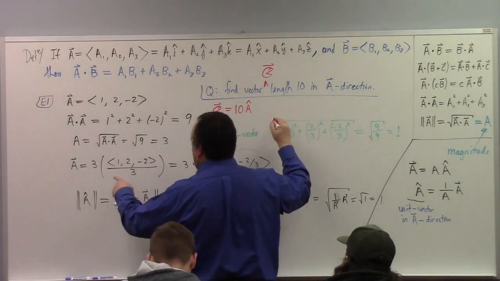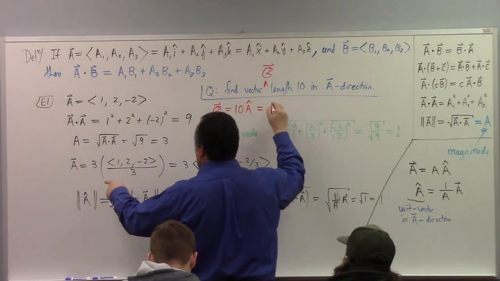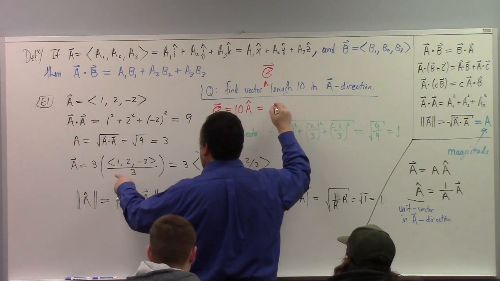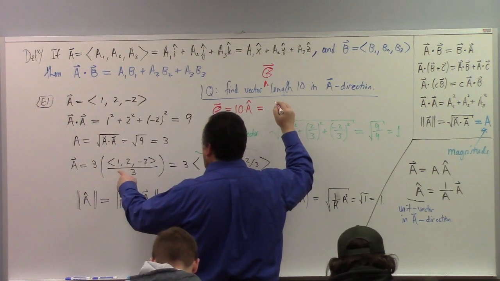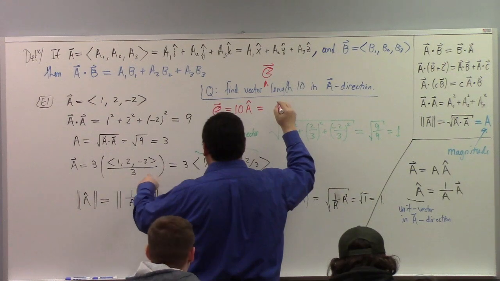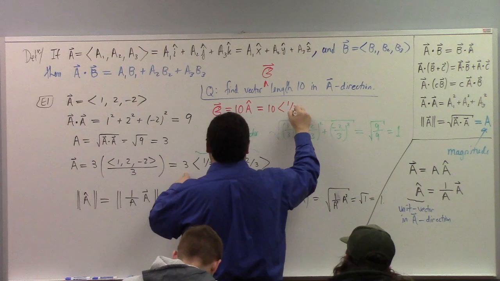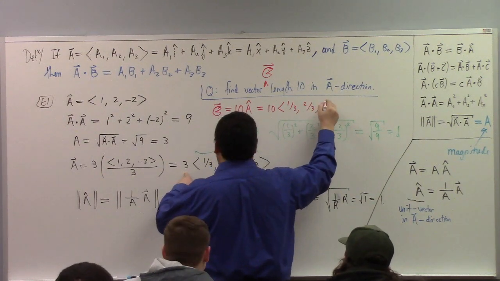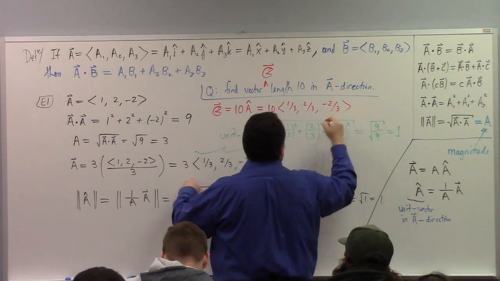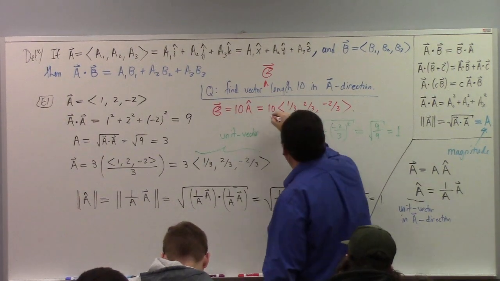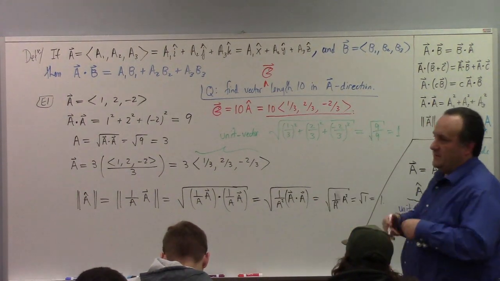Now, in particular, I'm talking about, let's see here, 10 times 1/3, 2/3, minus 2/3, right? So that vector right there is the answer to the question. That would have a length.